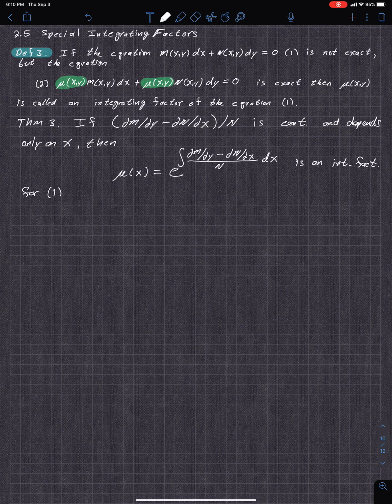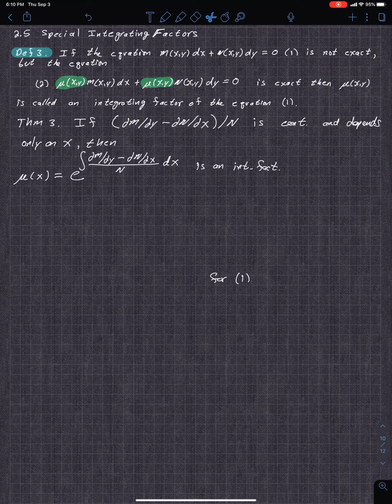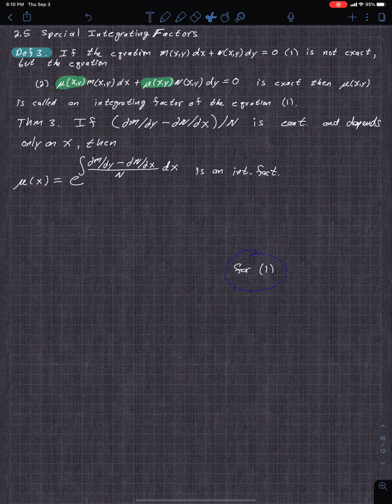Also, or similarly, let's move this over and move this down a little bit. Okay, next one. Same kind of statement, but this will change now.